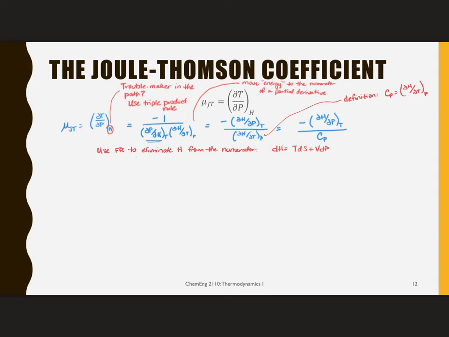That is to say that dH dP at constant T is T, that d is going to become dS dP at constant T, plus V dP dP at constant T.